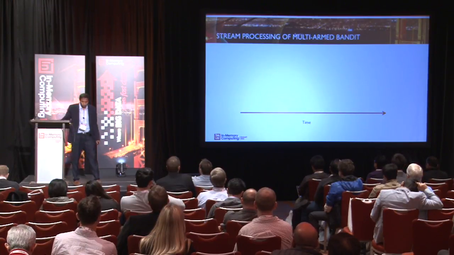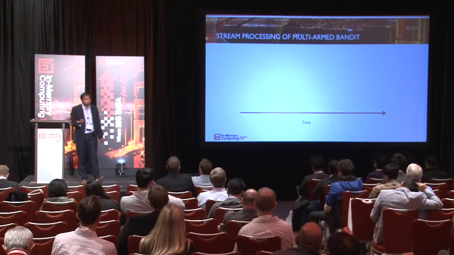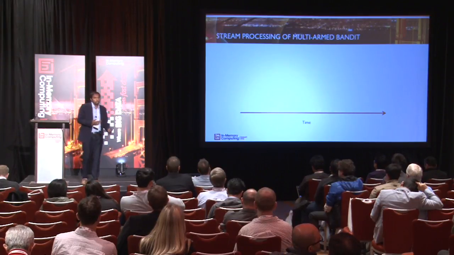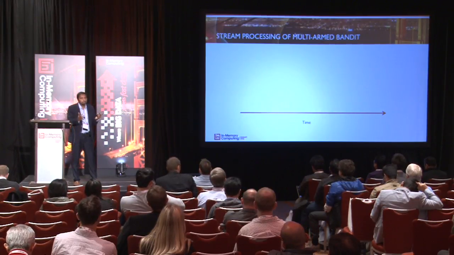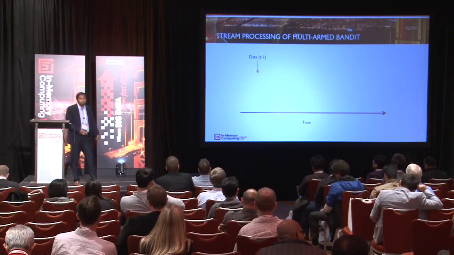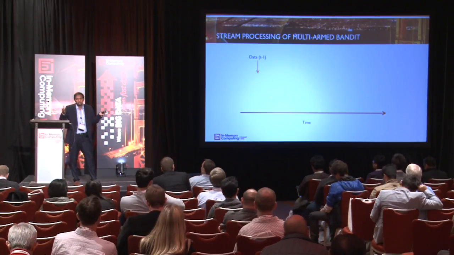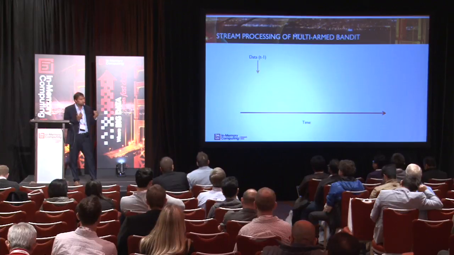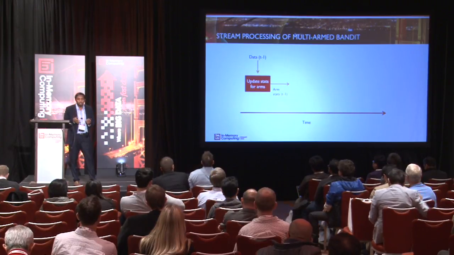Let's look at this from a streaming point of view. Initially when we take some decisions, we might take some random decisions, and we get some data for those. What we do is we process that data.